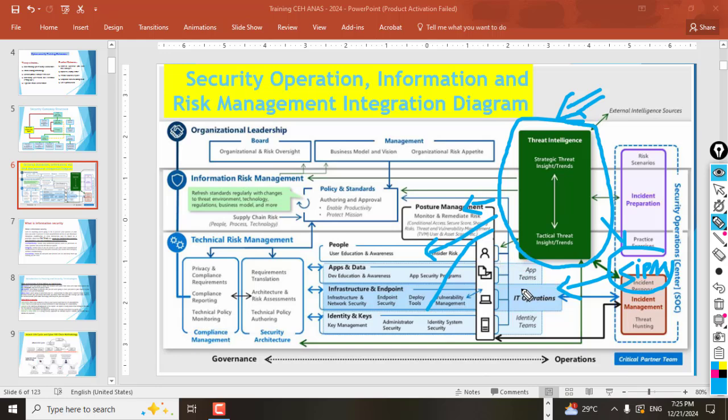Also, SIEM can do log management. It collects different logs from different devices: from network security devices, endpoint security, servers, operating systems, databases, applications, whatever devices, applications, and systems we have inside your networks, it can receive the security logs from them.